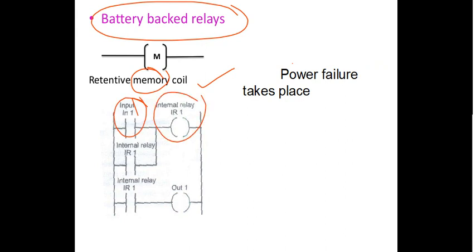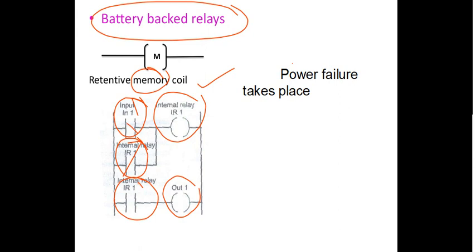In order to prevent such things, the internal relays are given a battery backup, or retentive memory coil, what we call it. So even when the supply comes back, it doesn't deviate from whatever the previous position it was in, so that it is possible for you to continue from where it had stopped.